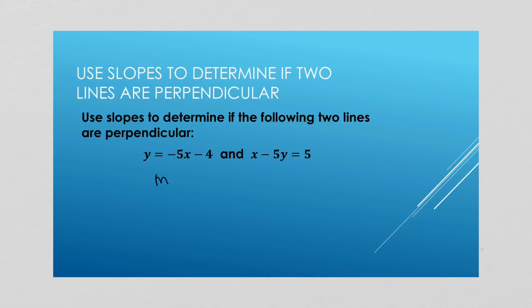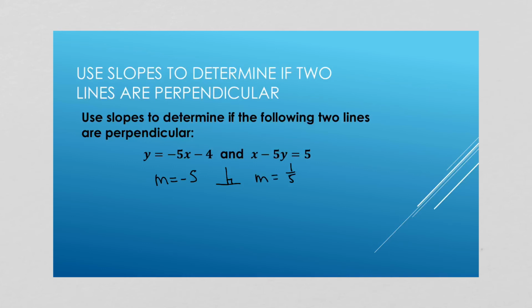The slope is -5. Now, if this line over here is perpendicular to this line, by the way, I want you guys to know that the symbol for perpendicular is an upside down T with a little box in the corner. That's the symbol for perpendicular, okay? I want a slope that says +1/5.